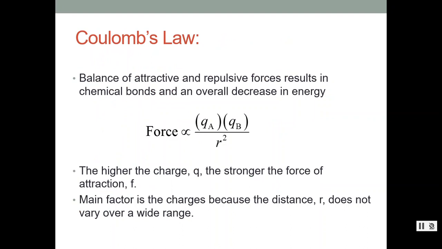When we talk about the force that attracts a cation and an anion together, the force between those two ions is directly proportional to the magnitude of the charge on the cation and the anion, divided by the square of the distance. So the higher the charge, the stronger the force. You don't need to know that equation, but you do need to know that fact about Coulomb's law.